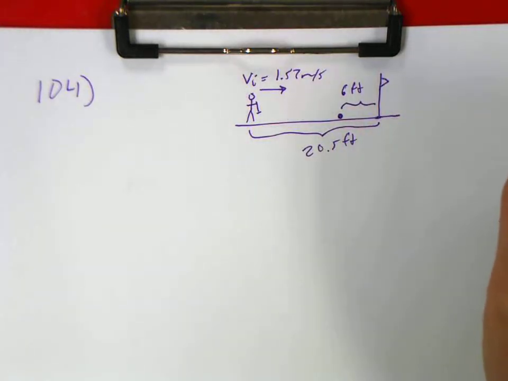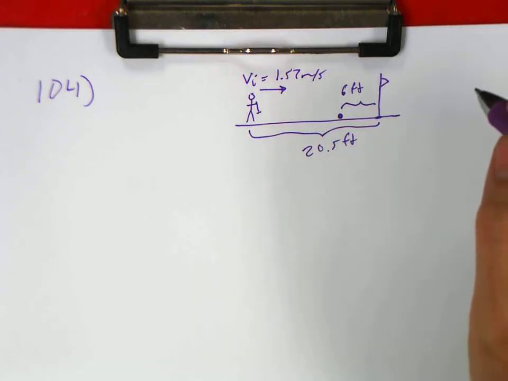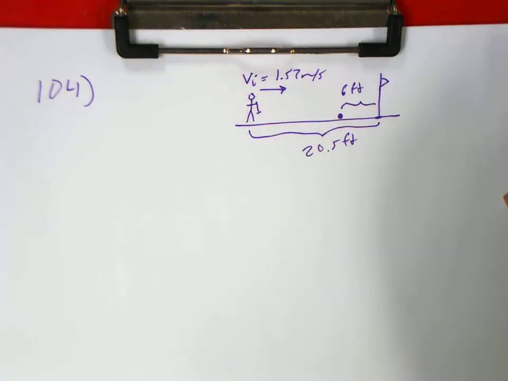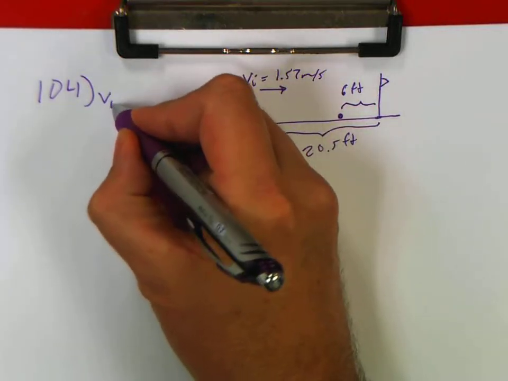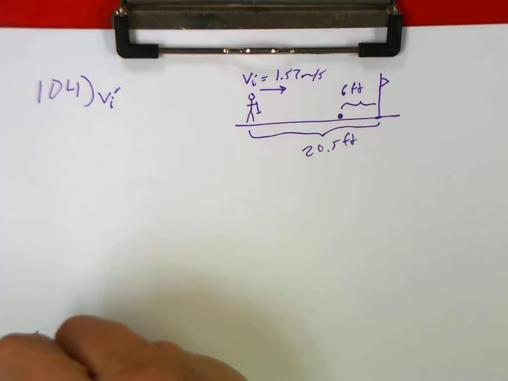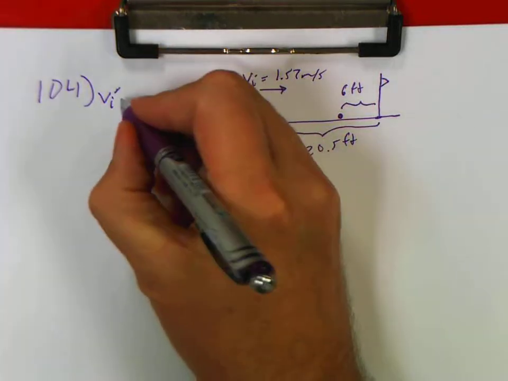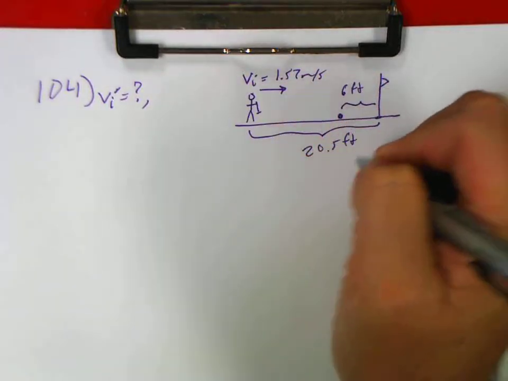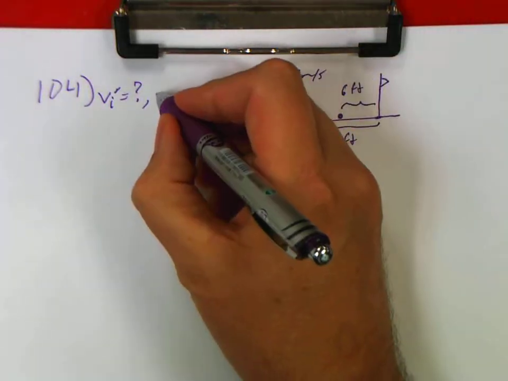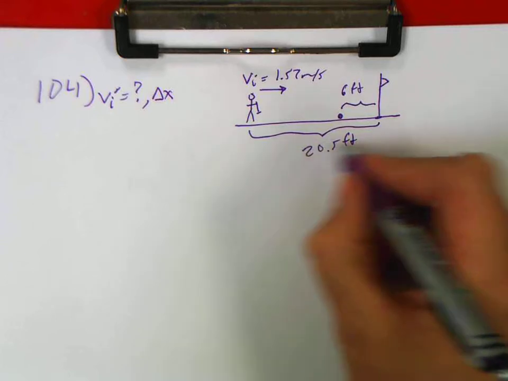Okay. A, assuming the deceleration caused by the grass is constant, what should the initial speed have been to just make the putt? Okay, so we are interested in a new initial speed. I'm going to call that V initial prime because it's a new one, is equal to what in order to have our displacement be equal to the whole distance.